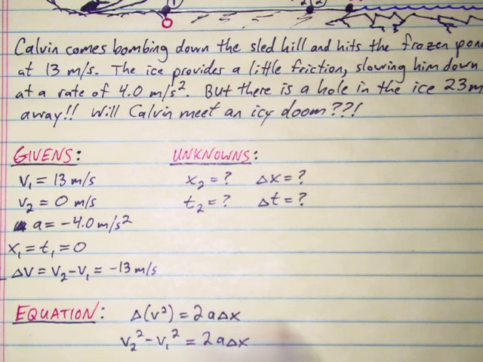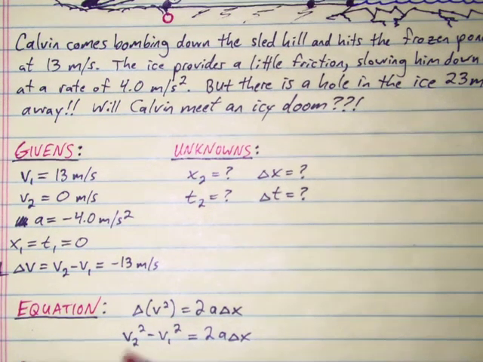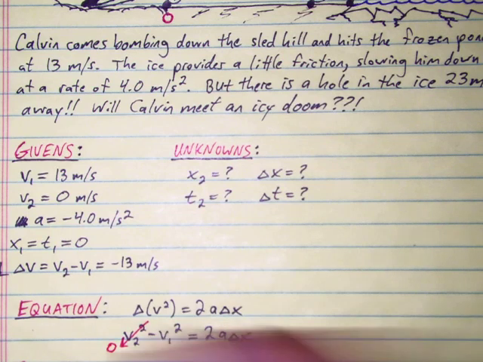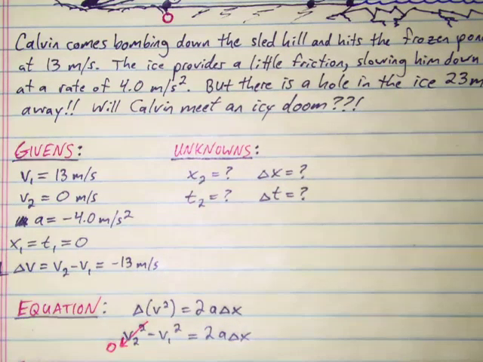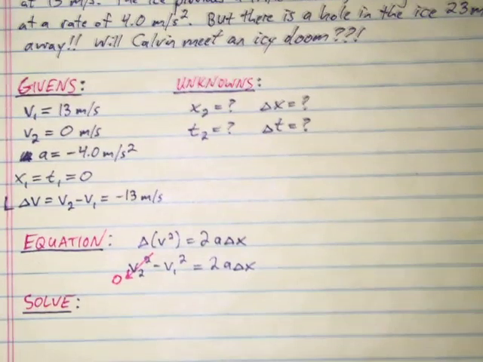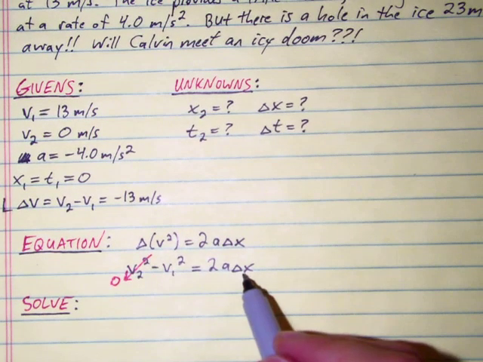There's our equation, written out in its generic form. Then underneath it, I've substituted in our specific variables. And in our case, v2 is 0. That's when he comes to rest. So I can drop that variable from the equation right away. It's going to go away. Now we need to solve this algebraically for delta x. That's what we want to solve for.